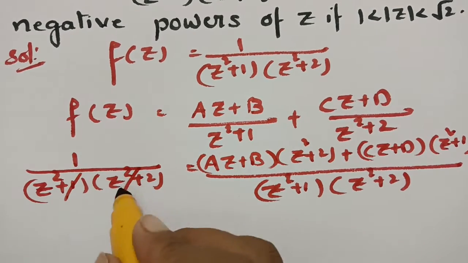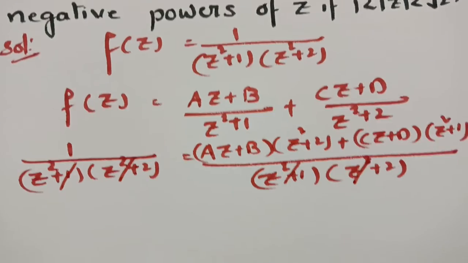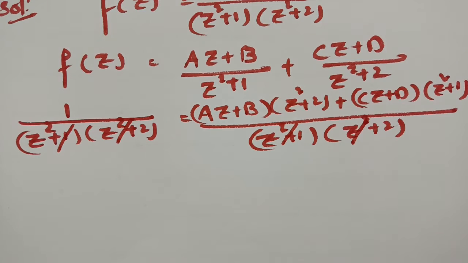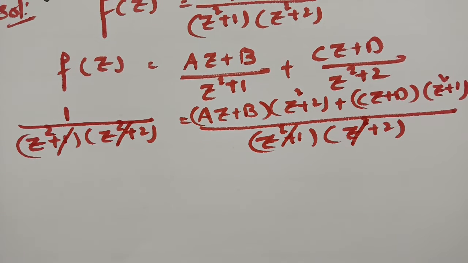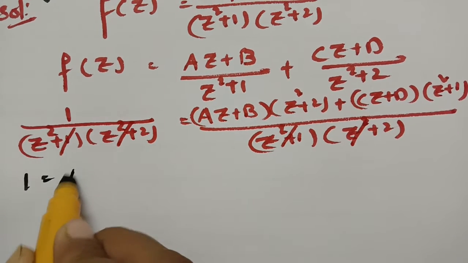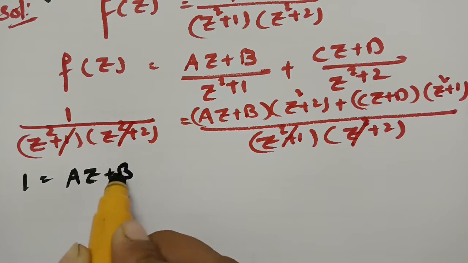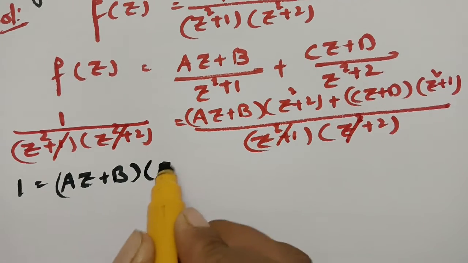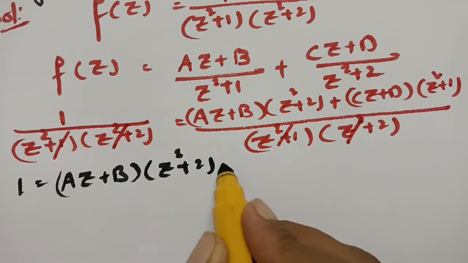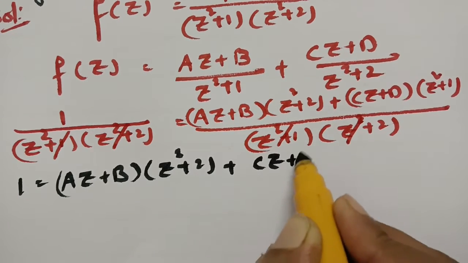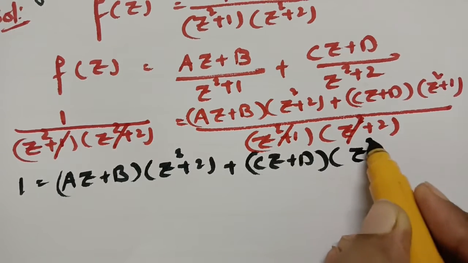Now cancel the denominators on both sides. And what is the equation remaining here? So this is 1 is equal to (az plus b) into (z square plus 2) plus (cz plus d) into (z square plus 1).